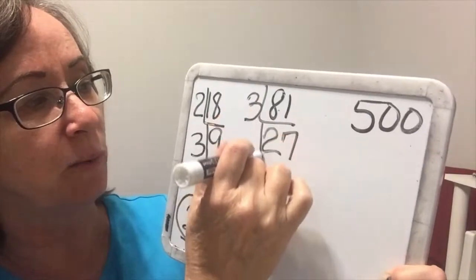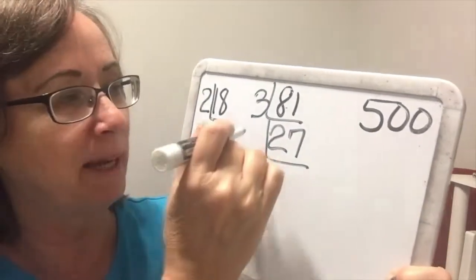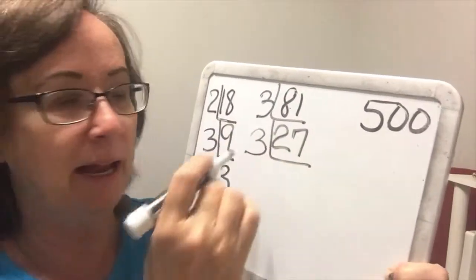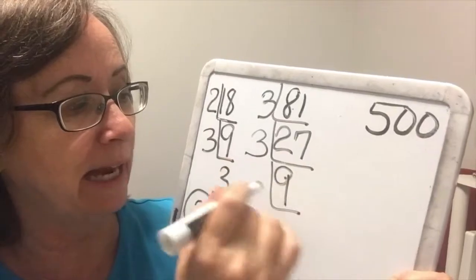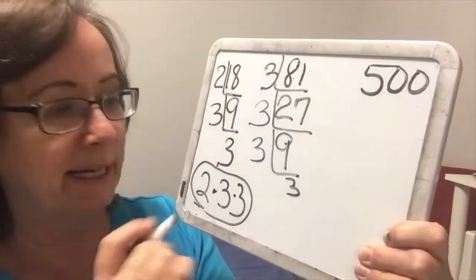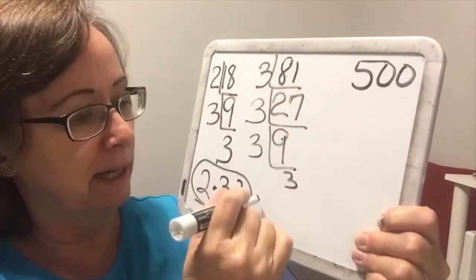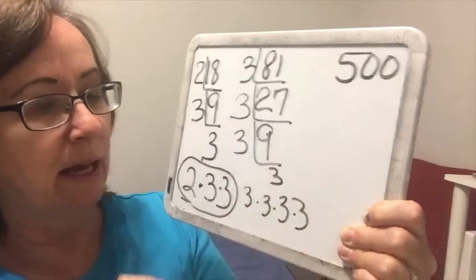So now 27, when I add those digits, I also get 9. So it is divisible by 3. And 3 into 27 leaves 9. And then, of course, 9 is 3 times 3. So I could write out 81 is 3 times 3 times 3 times 3.